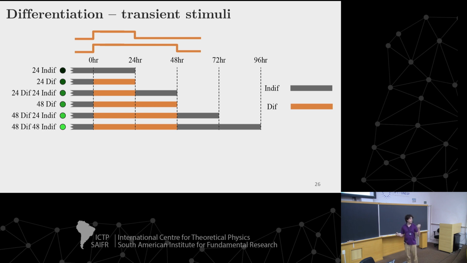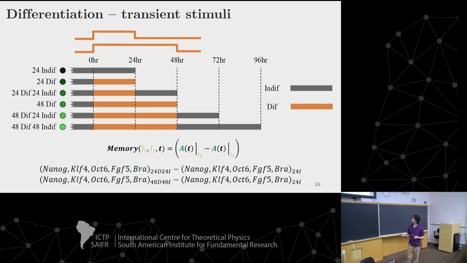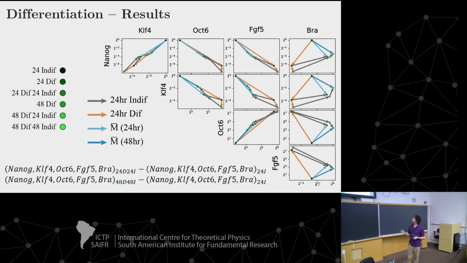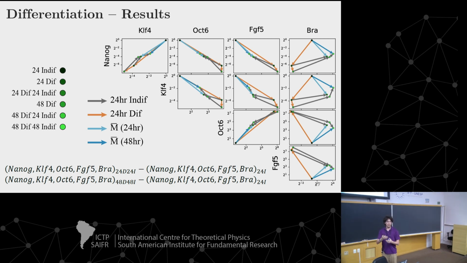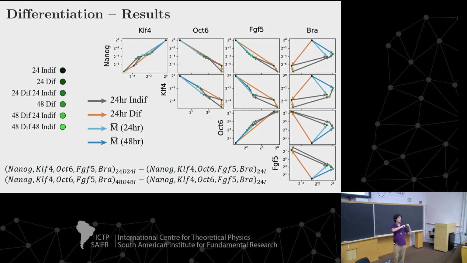Take an embryonic stem cell and say you have to become some adult cell. And the idea is to apply the quantifier, and we measure that effectively these cells remember the differentiation stimulus, and if you give a differentiation stimulus to the cells and take it out before 1 day or 2 days, they continue the differentiation, and that doesn't come back.